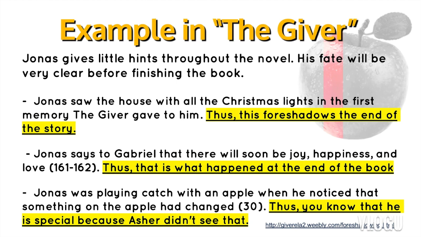Jonas says to Gabriel that there will soon be joy, happiness, and love. Thus, that is what happened at the end of the book. Jonas was playing catch with an apple when he noticed that something on the apple had changed. Thus, you know that he is special because Asher didn't see that.